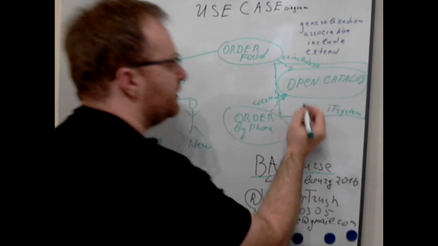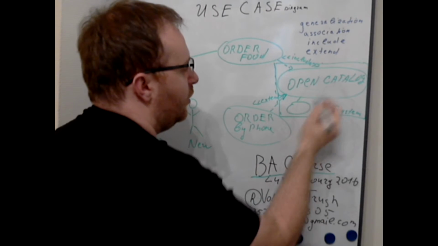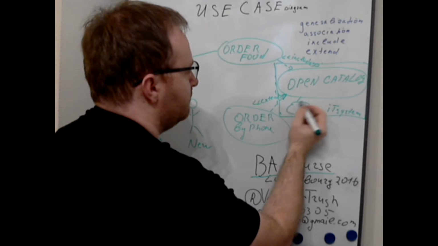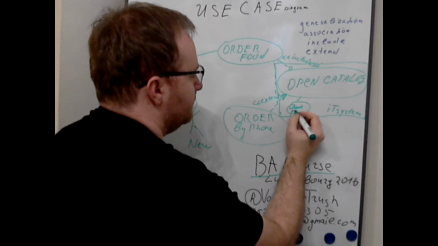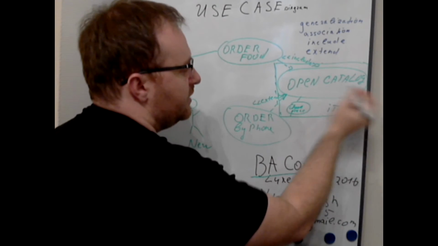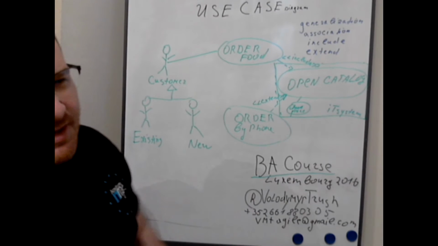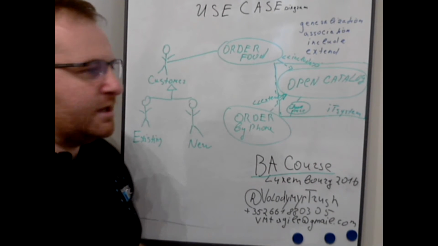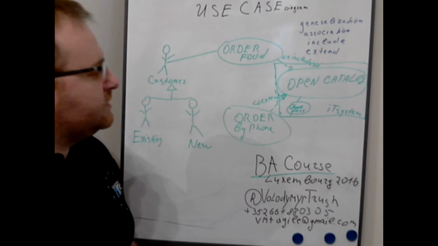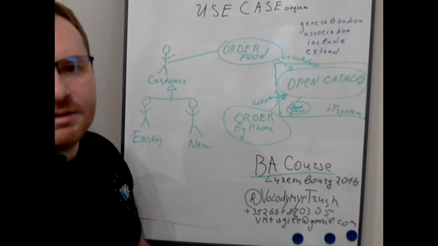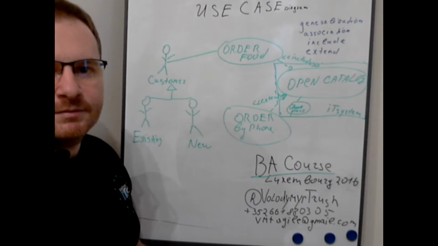For example, here there can also be some other use case connected to it, like open catalog and, I don't know, check price. Here there can be something else. And why is it needed? When we have really huge use case diagrams, like 150 elements, it will help us to understand it better, to have a better vision of what goes where.